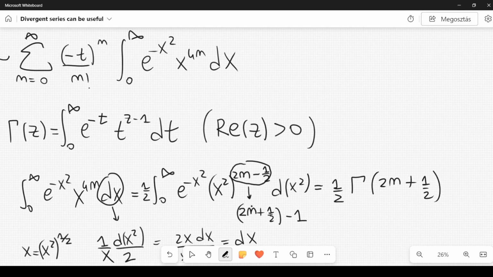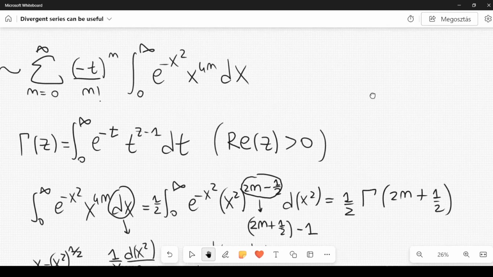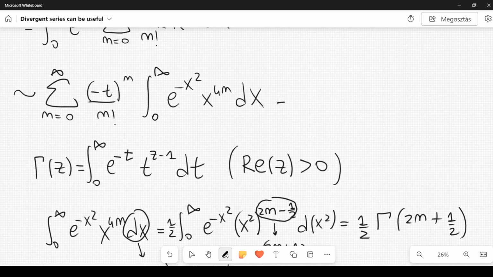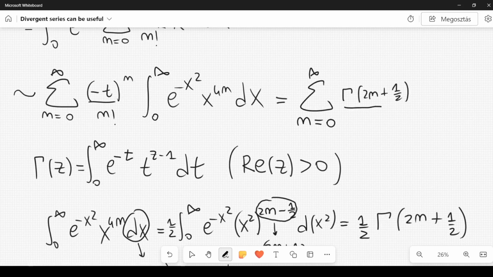So you see the argument of the gamma function from here. And therefore, you can rewrite the series like this: summation over n from 0 to infinity of the gamma function of 2n plus 1/2 divided by 2 times n factorial, times minus t to the power n.